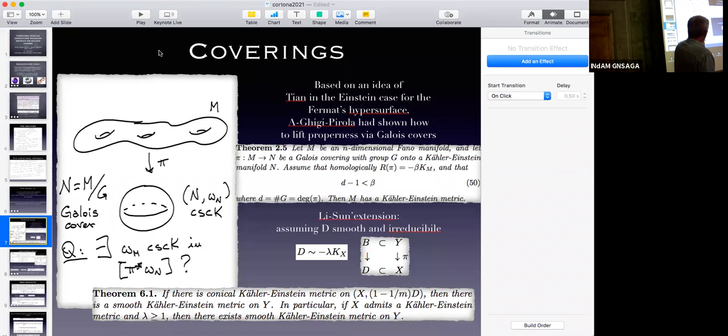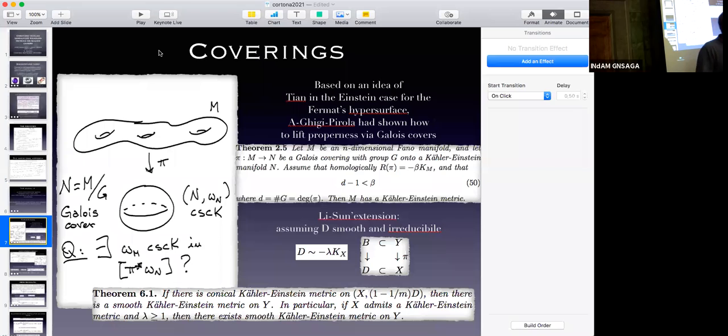This was actually generalized much later by Li and Sun. Now in their situation, the critical assumption is that the branch locus, the one which lies below, is again a negative multiple of the canonical class, but now they need to assume that it's smooth and irreducible.